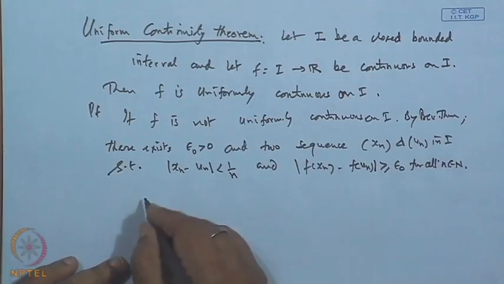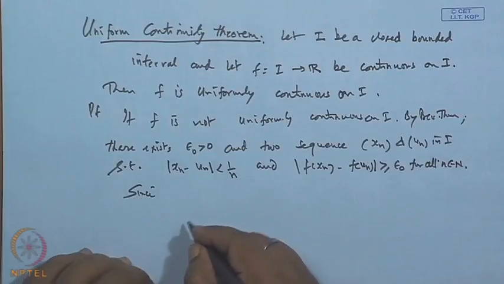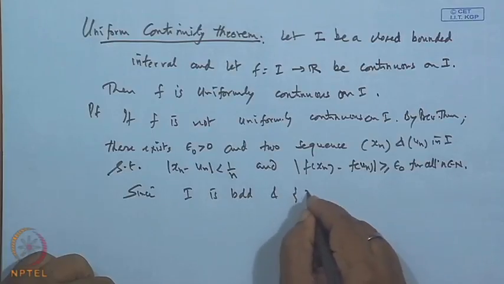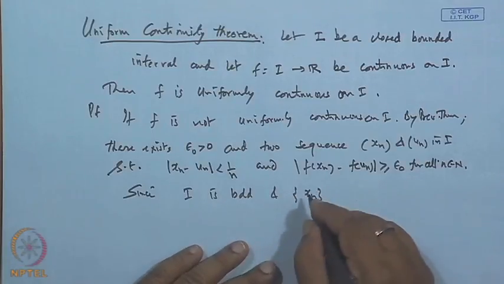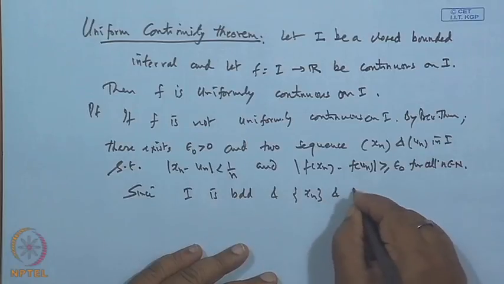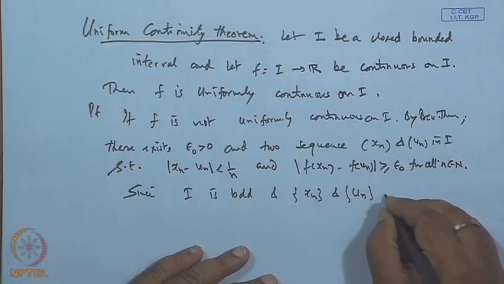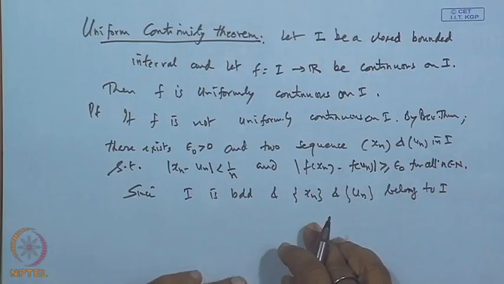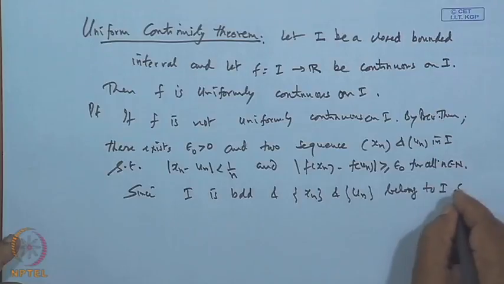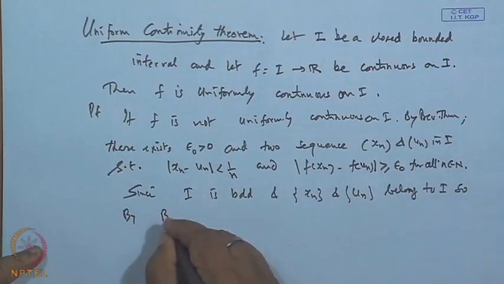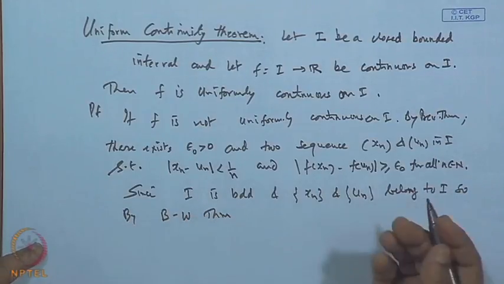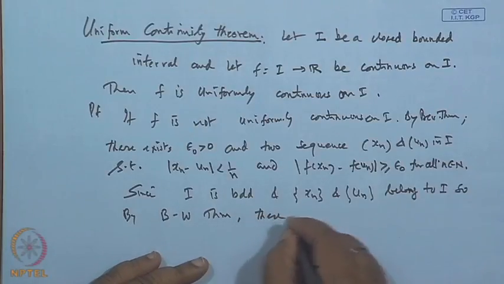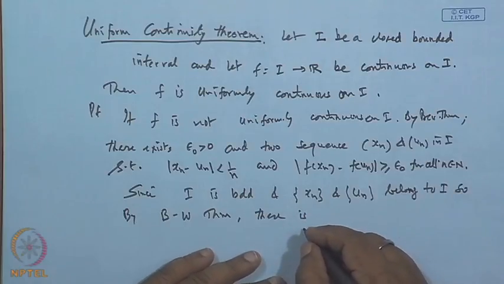Now, since I is bounded and the sequences x_n and u_n both belong to I, by the Bolzano-Weierstrass theorem, every bounded sequence has a convergent subsequence. So, there are convergent subsequences.